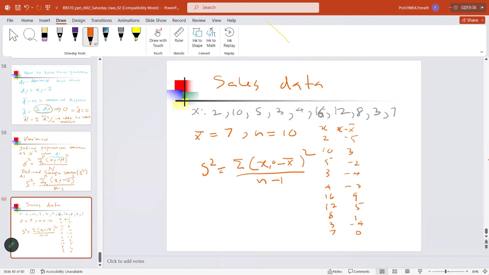So we get the squared values, x minus x bar squared: 25, 9, 4, 16, 9, 81, 25, 1, 16, 0. And we need to add them together.